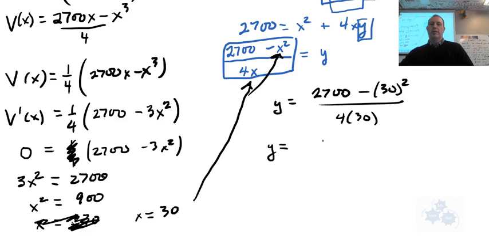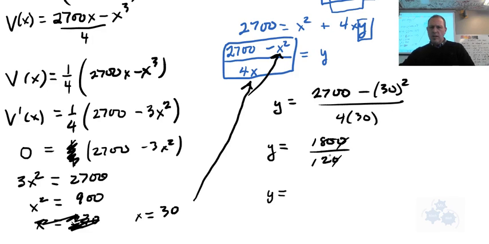So 2700 minus 900 would be 1800. This is 120. 180 divided by 12, what's that going to be?